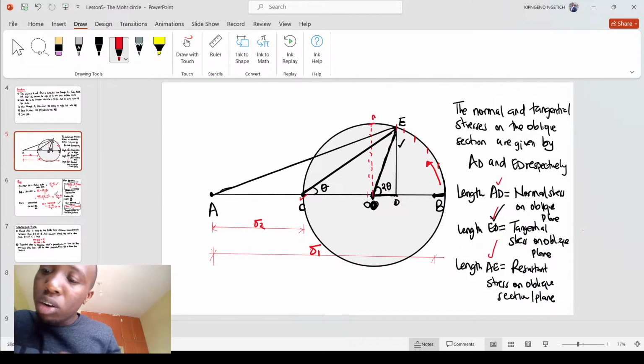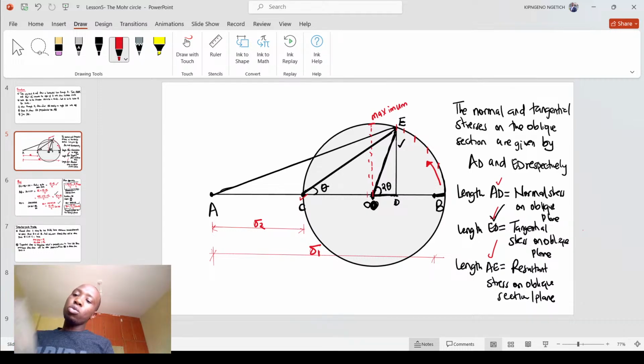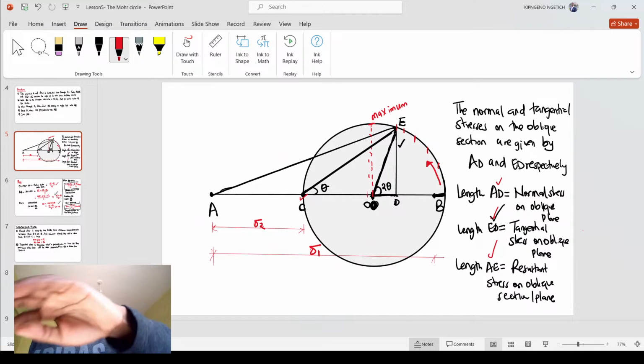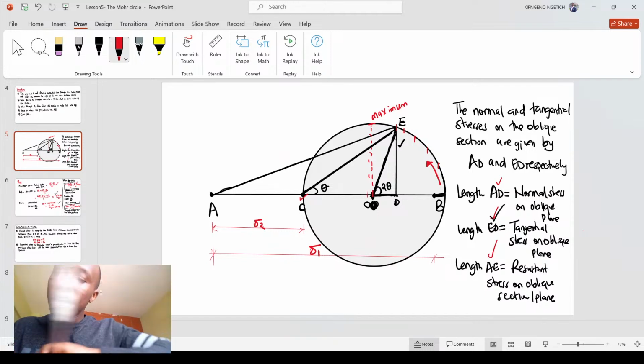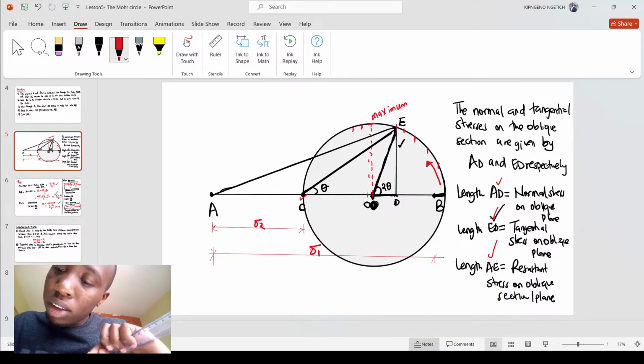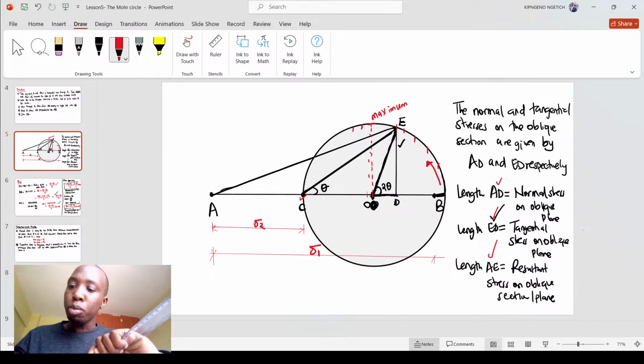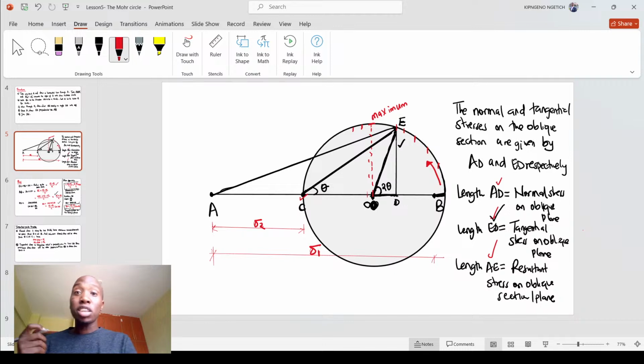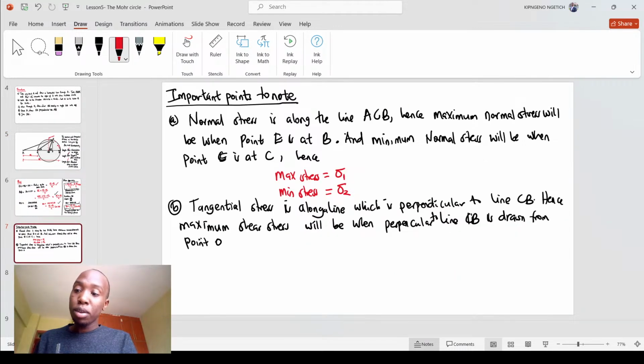That is when it will be maximum, isn't it? As you continue moving downwards towards the left, it decreases. It means that the maximum value for tangential stress is the radius of the Mohr circle, at point O.